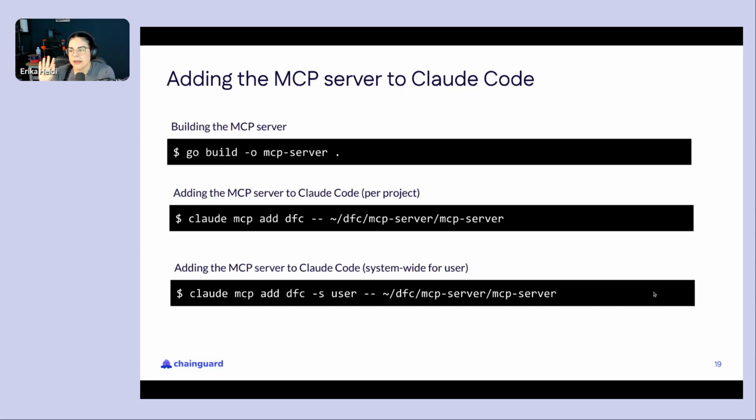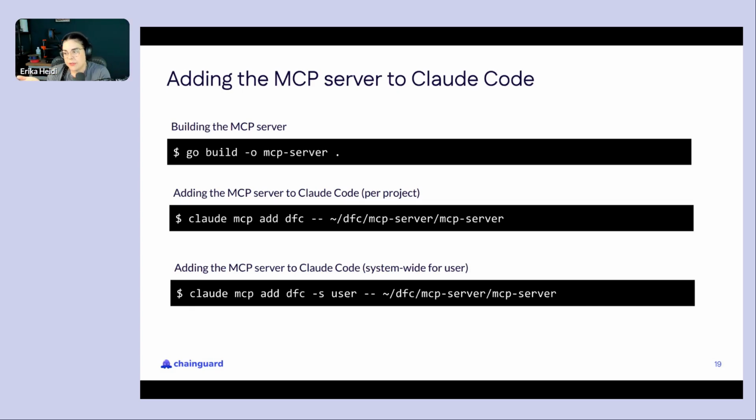But basically, this is running locally. I tested it. So you will build the MCP server locally with Go tooling, or you can also run it with Docker. But yeah, I chose to run it locally, and then you add it to your project.